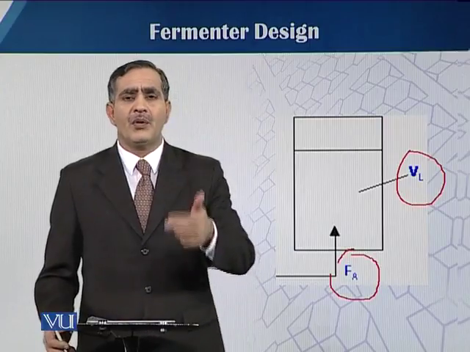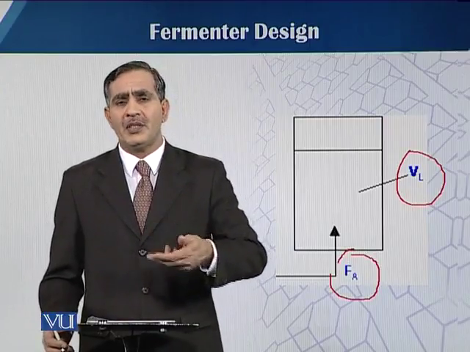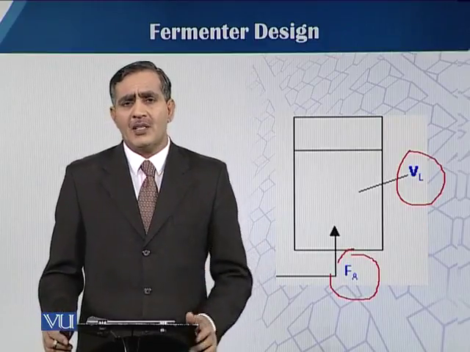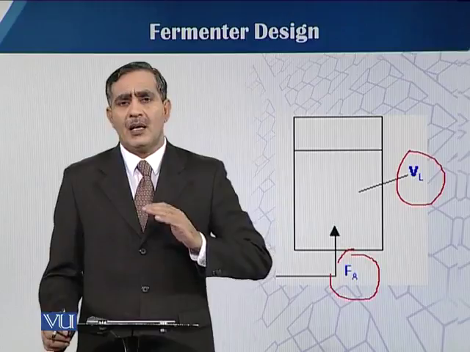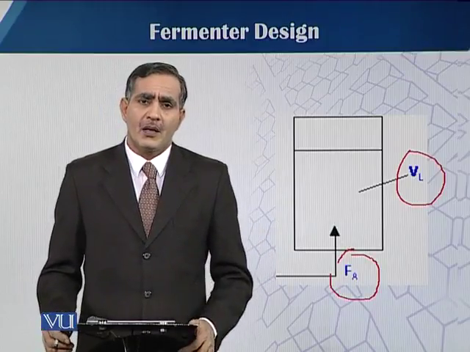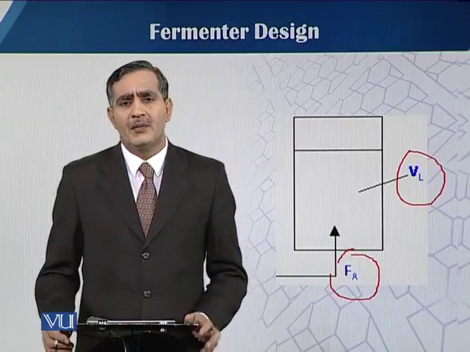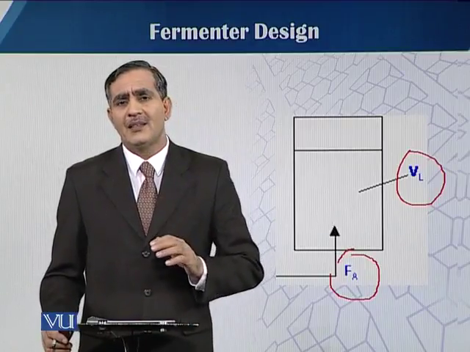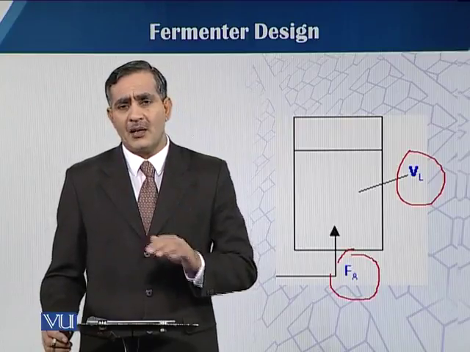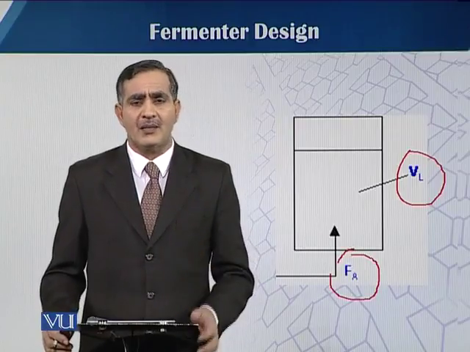If we know the flow rate and we know the composition of that, the oxygen delivery system is also coupled with an oxygen probe. The oxygen probe senses the amount of oxygen in the form of dissolved oxygen.